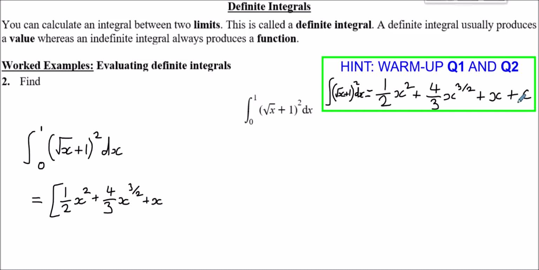We don't need the constant, by the way, like I've said. We're going to do this between the limits 1 and 0. And so, like I mentioned before in the warm-up question 2, what we'd be left with here is just 17 over 6. But if you want to try this yourself, by all means.